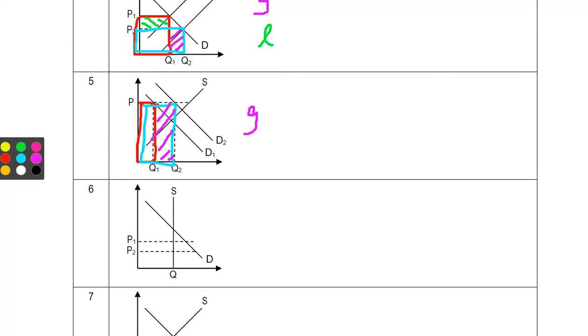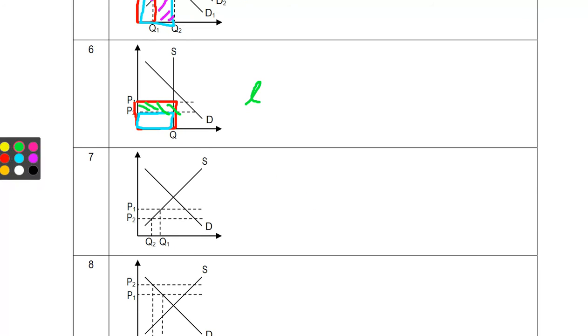Then the next part will be P1 times Q, and we have the new one, P2 times Q. This part here should be the loss. Then the next one, the initial will be P1 times Q1, and then we have P2 times Q2, and obviously we have also got the loss here.